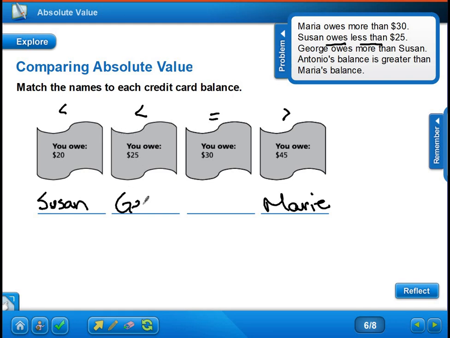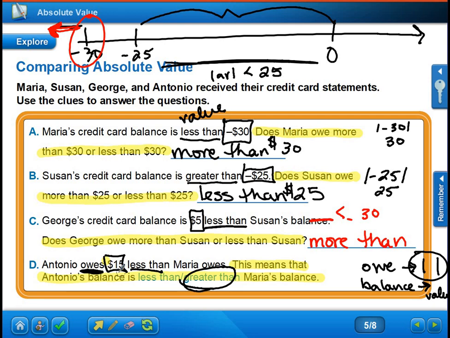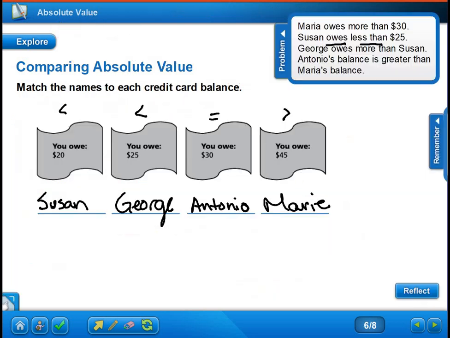So this is George. And then this is Antonio, which makes sense because if you look at Antonio's, they told us that he owes 15 less than Maria. Maria owes 45. 15 less than 45 is 30.